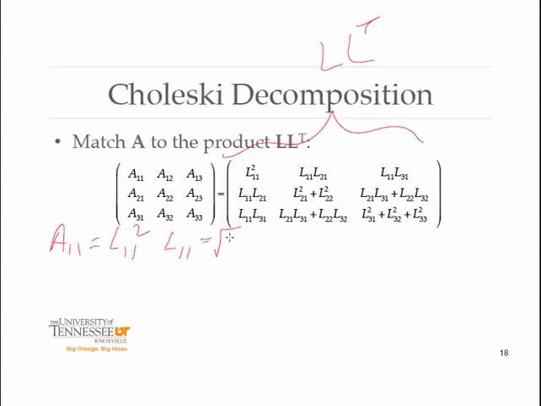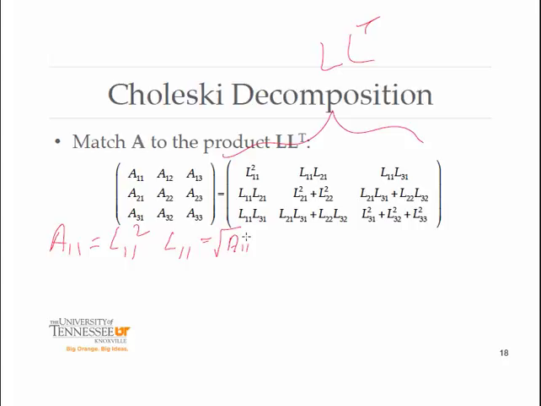So that says something about what restrictions there might be on the diagonal element of A. For this to be real valued, that cannot be negative. That's something that will be important for all these diagonal elements.